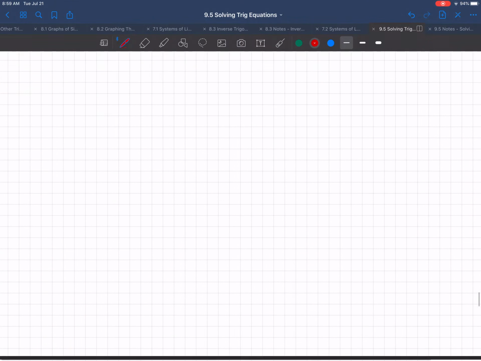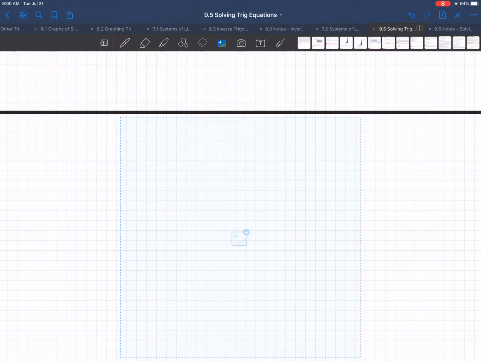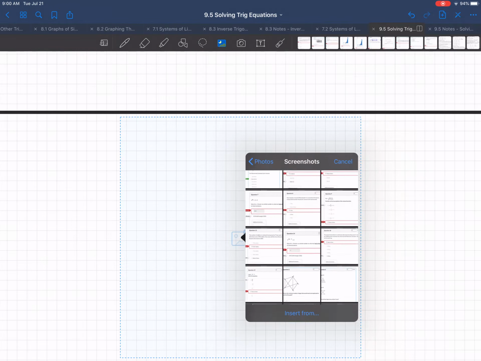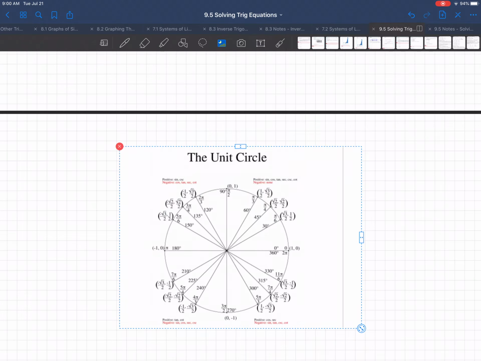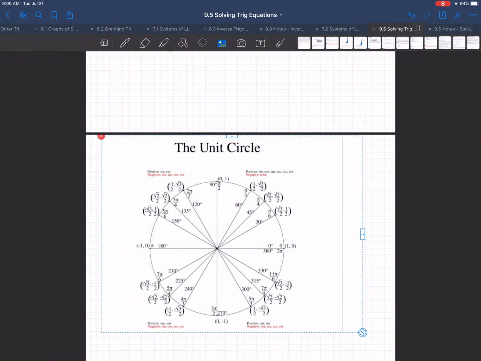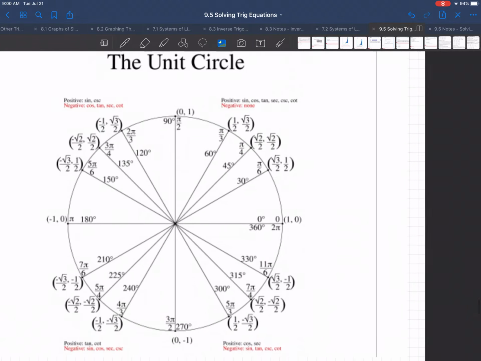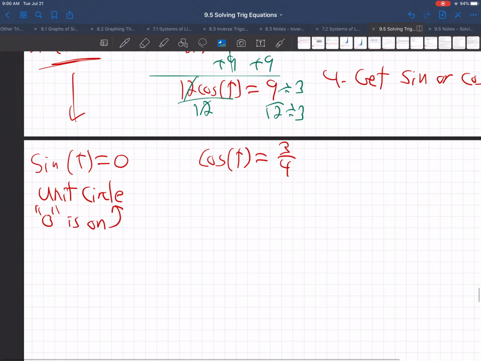So let me come down here. Let me pop in the unit circle for us. Let me grab it off my notes here. There it is. So there's the unit circle. So we're saying, remember the question, where is the sine equal to 0?